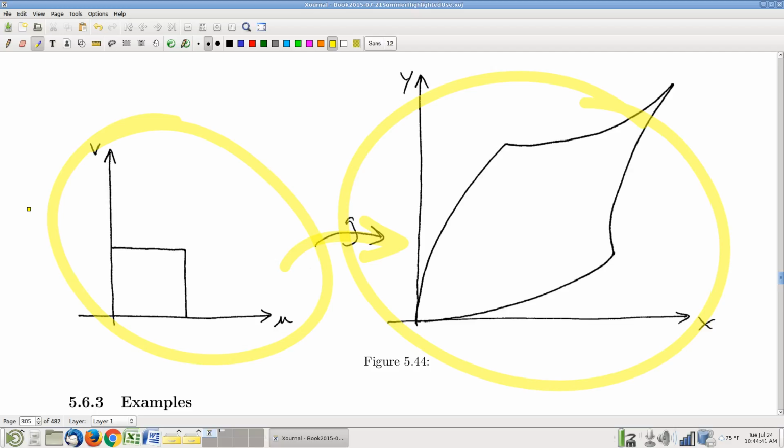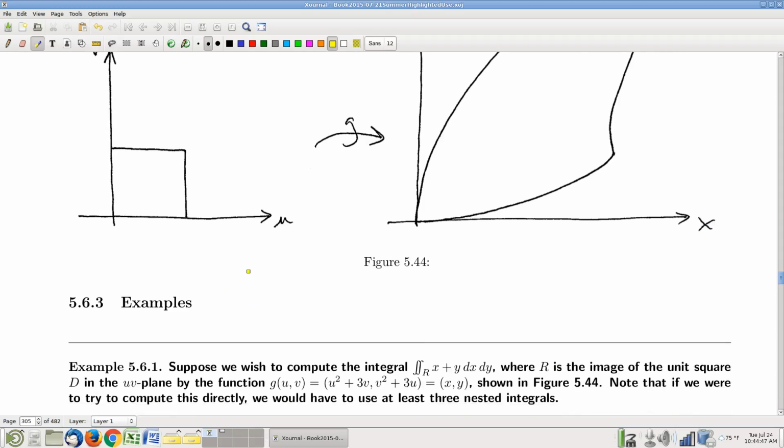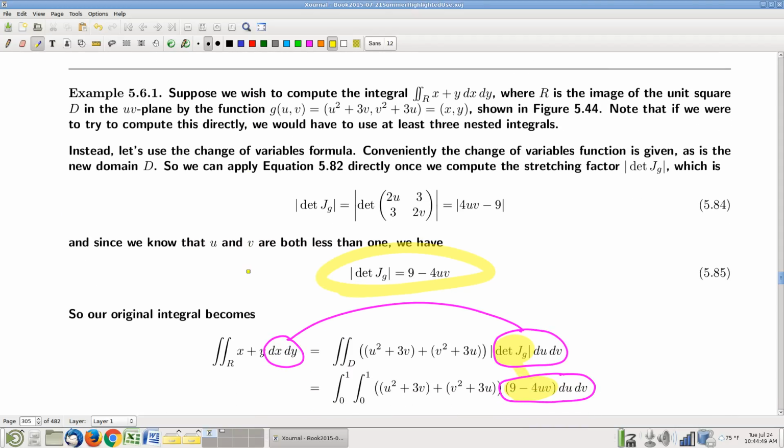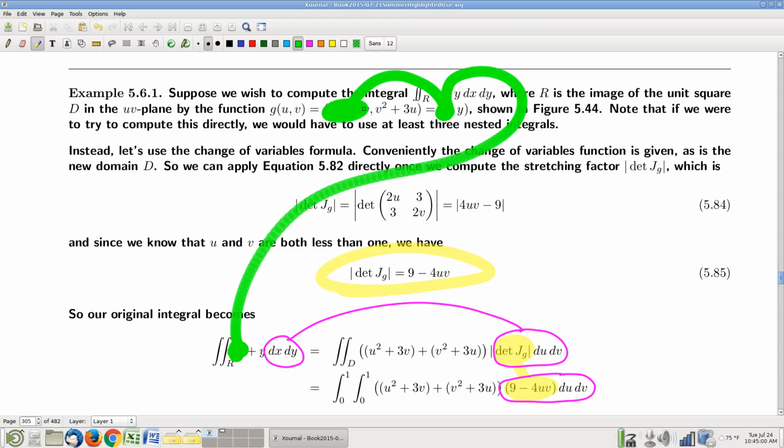So the change of variables function itself tells you how to write down x and y in terms of u and v. So you can see it right here in this algebra. What is, let's see here, I'll use green, what is this x? Well, x is the first coordinate of the output. X is u squared plus 3v. There's x.